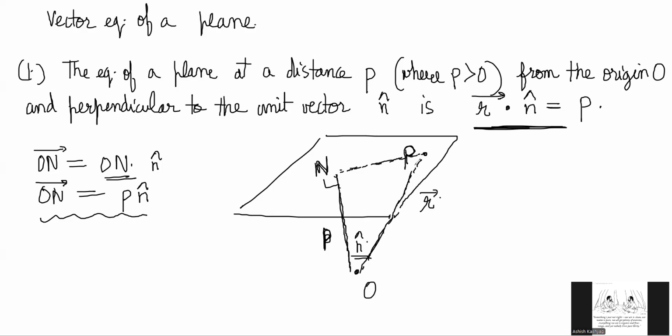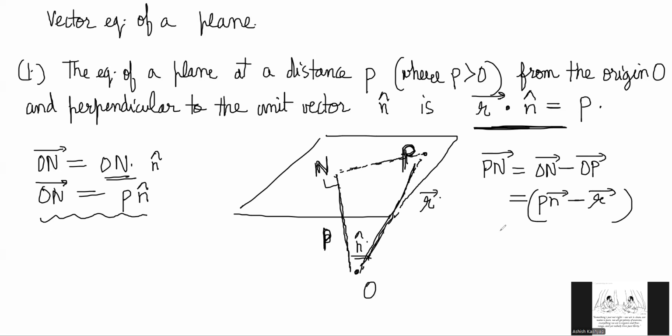So obviously, if P is this variable point on the plane, then NP is a vector on the plane, and this NP vector would be OP minus ON, that is, r vector minus p n cap.